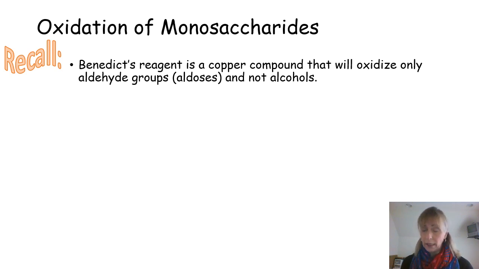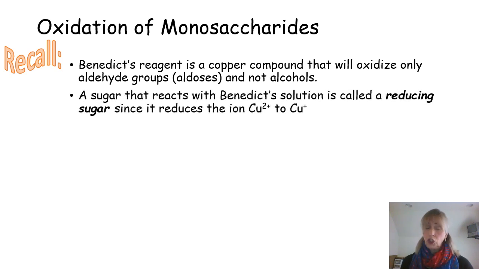Benedict's reagent then, since it's specific to aldehydes, it's going to be specific to aldoses, and not alcohols. A sugar then that reacts with Benedict's solution is going to reduce your copper. So it's referred to as a reducing sugar since it reduces your copper.